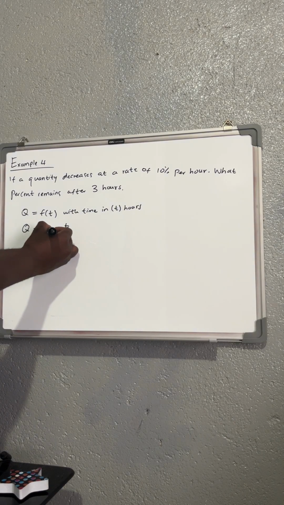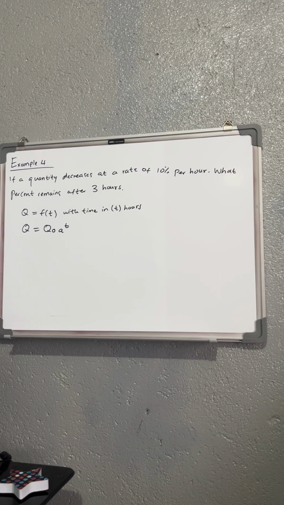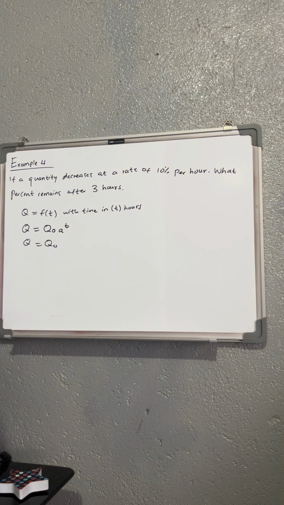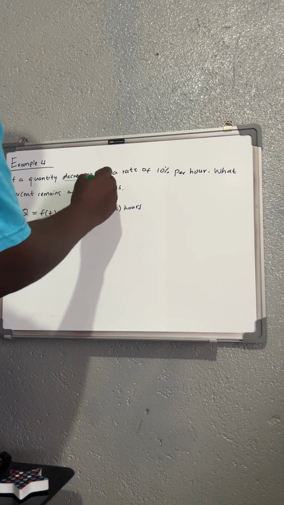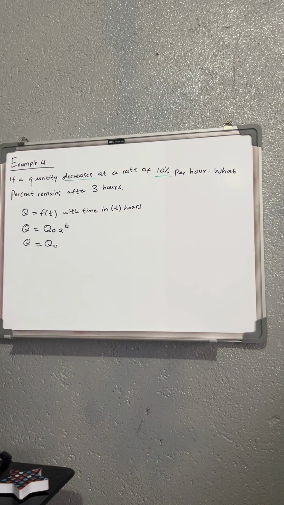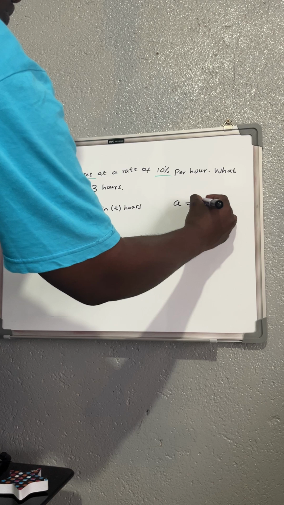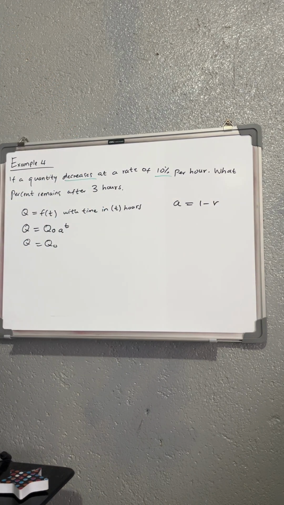But in this example, you will notice we don't have an initial quantity. What do we have? We have Q is equal to Q0. Then remember, they are saying in this example that a quantity decreases at a rate. It means now we have a decay. So when we are working out our a, we're going to be using the case where a is equal to 1 minus r.